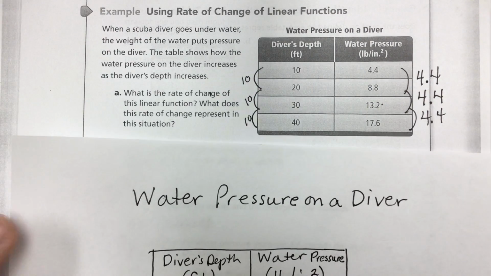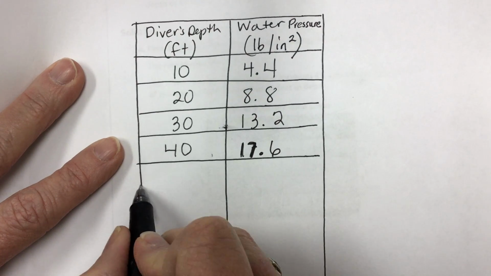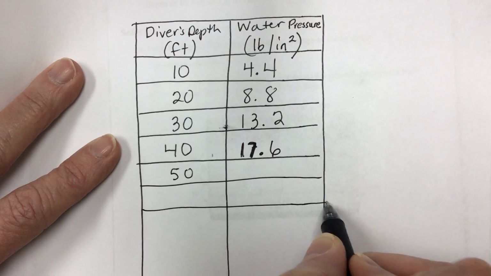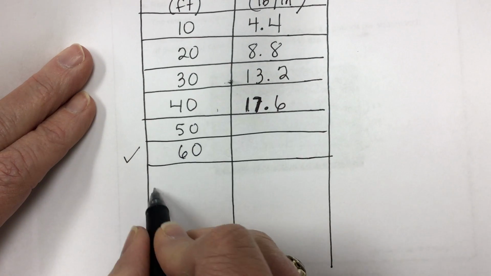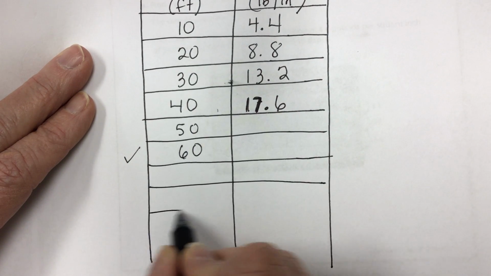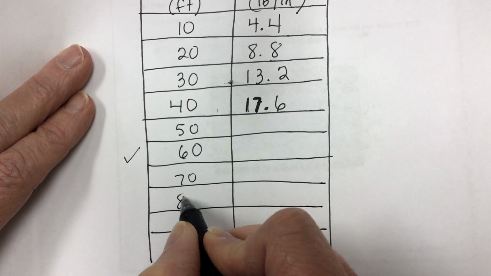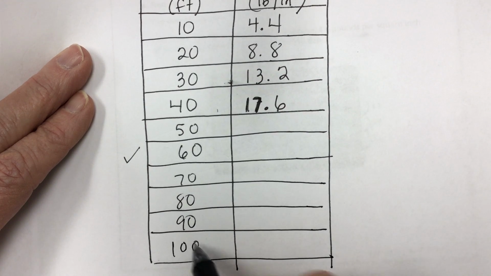So I've kind of drawn a table for us here. Now we want to go on down to 60, so I'm going to go 50 and 60. This was what I need, that point. And then I also need to go on down to 100. So I'm going by tens. So that's 70, 80, 90, and then I have 100.